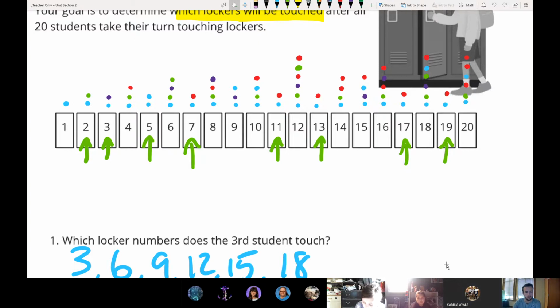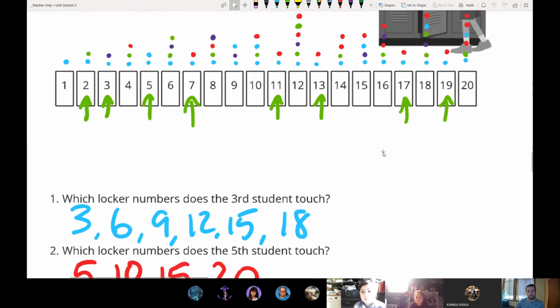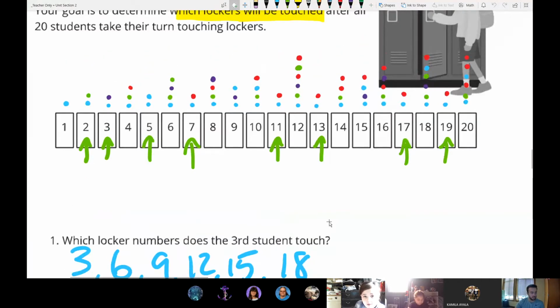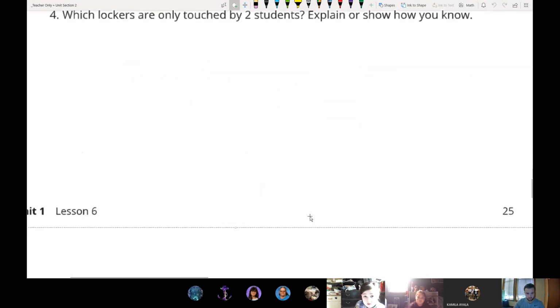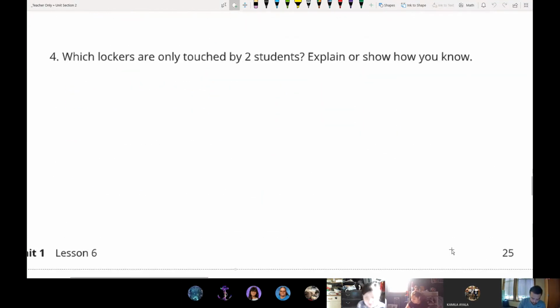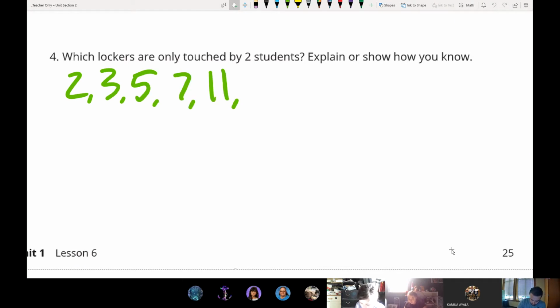yeah, very good. So it looks like there are 8 lockers that were only touched twice. So I'm going to write those numbers down right here. So which lockers were only touched by 2 students? We had 2, 3, 5, 7, 11, 13, 17, 19.